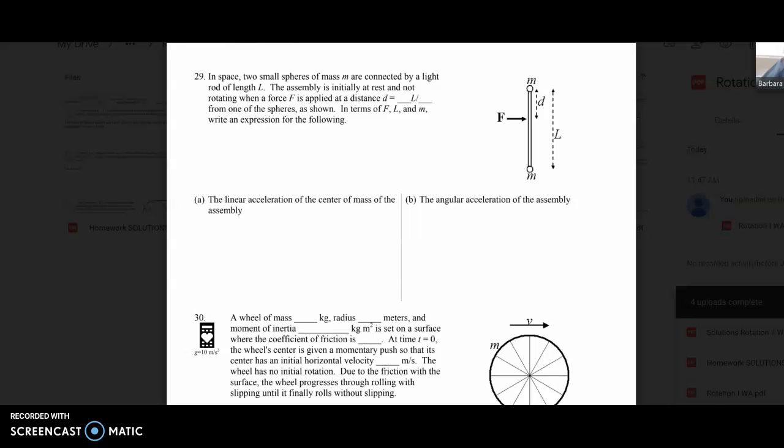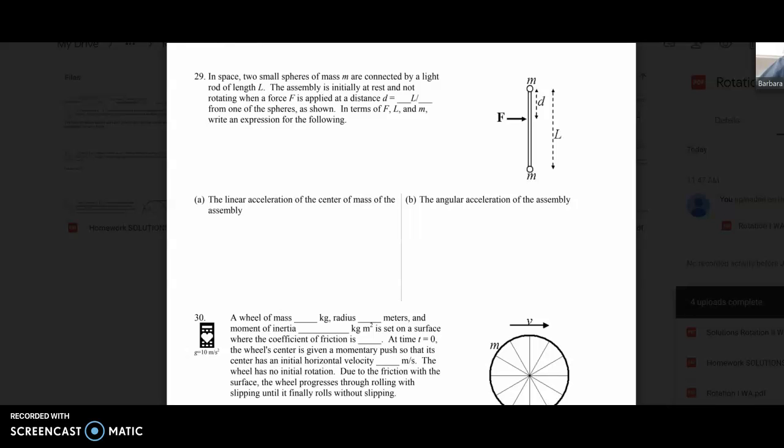D is some number times L over some other number. Okay. Remember, the linear acceleration is A, so sum of F equals ma. The total mass of the assembly is 2m.